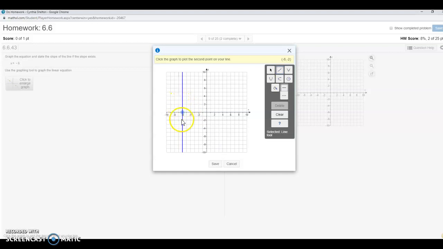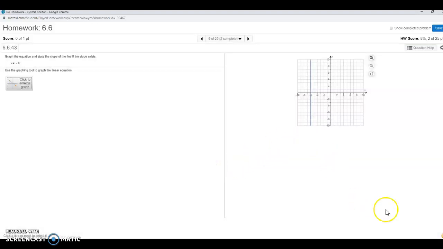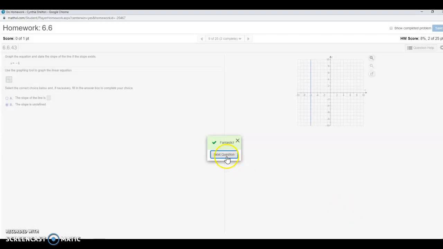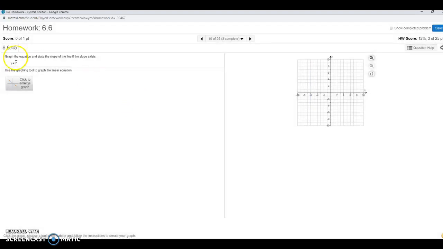Just pick any point above or below to keep it stabilized and vertical. Now, if you use the slope formula to do the rise over the run there, you'll find out that you get a 0 denominator. So anytime you have a vertical line, the slope is undefined. You can just write that on your note card to remember that when you test.